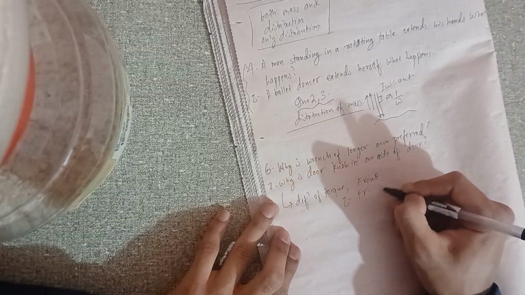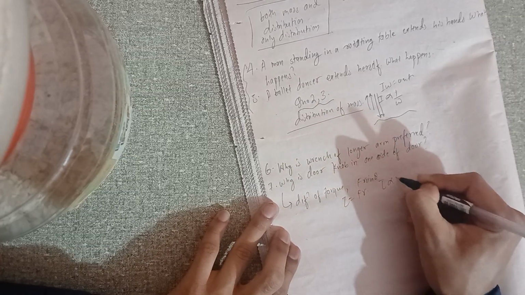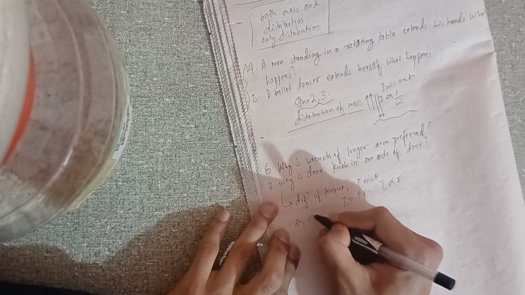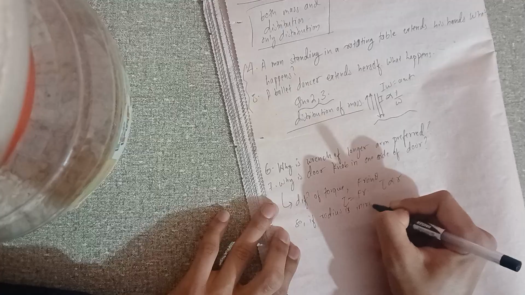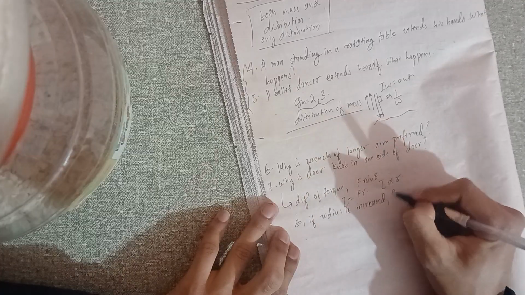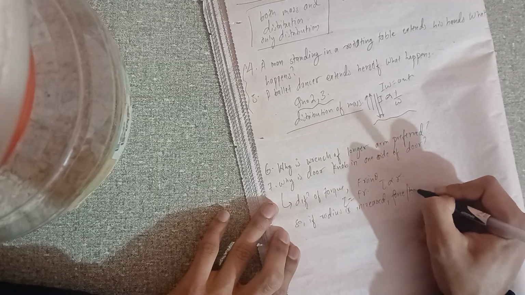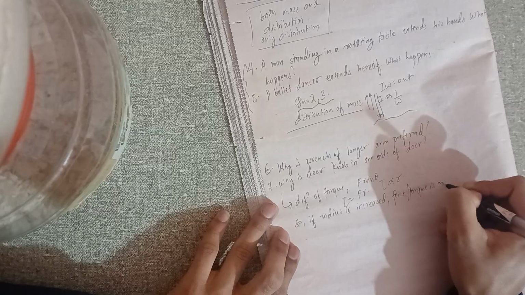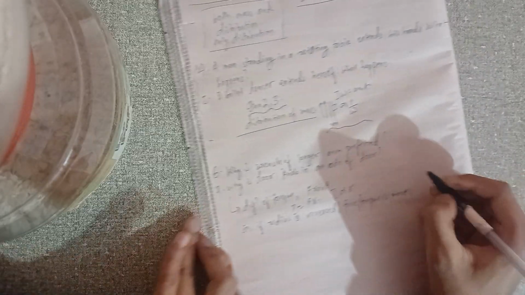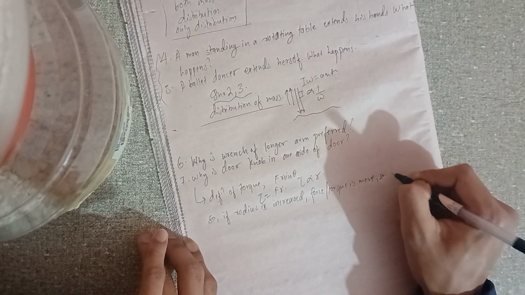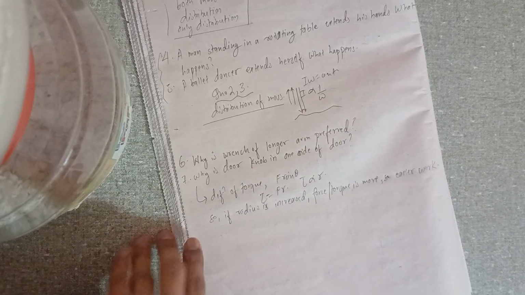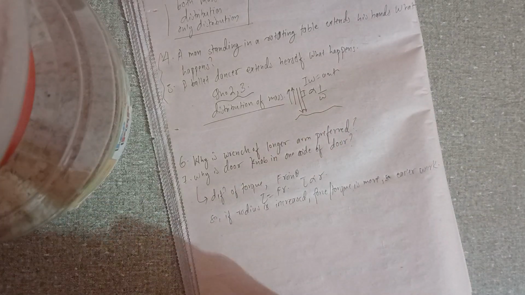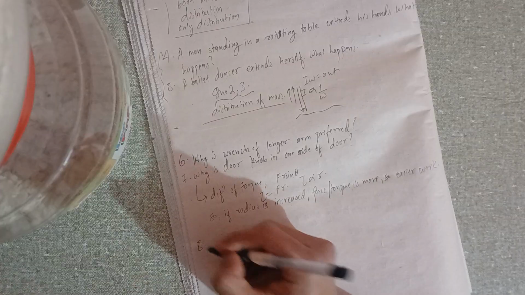So torque is directly proportional to r. So if the radius is increased, for the same force the torque is more. So easier work is done. That's how we answer it. And that is pretty much it with the last question, question number 8.